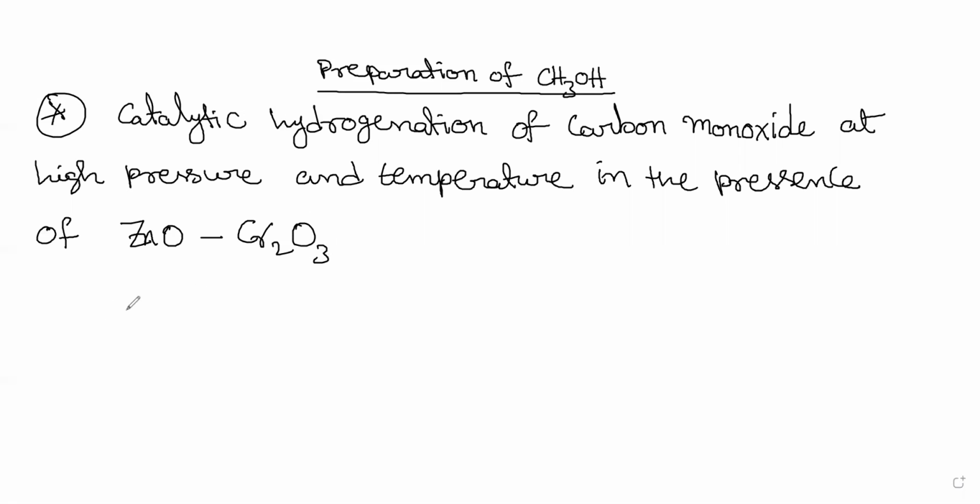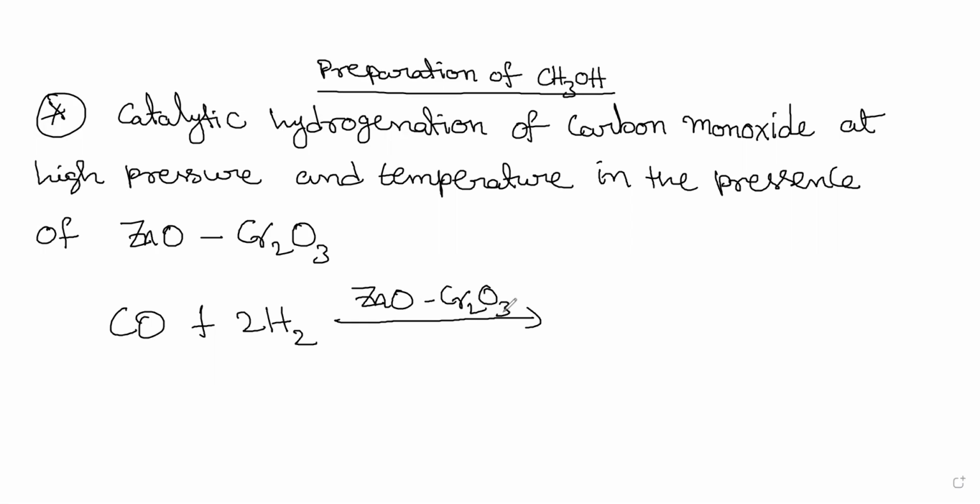So what they do here is CO plus 2H2 treated in the presence of this catalyst, ZnO and Cr2O3. They create a pressure of 200 to 300 atmospheres, which is a very high pressure, and a temperature of 575 to 673 Kelvin. With these conditions, you get CH3OH.